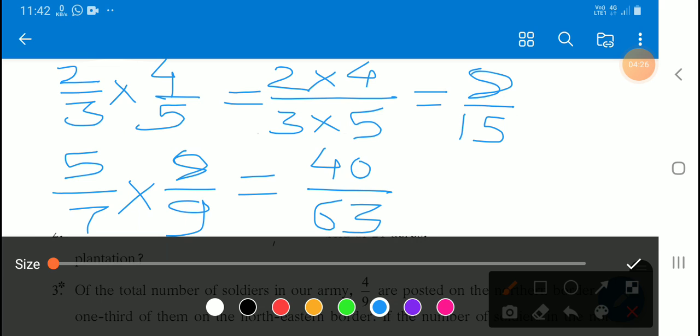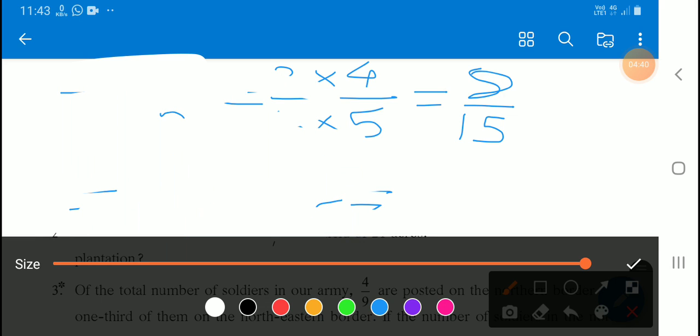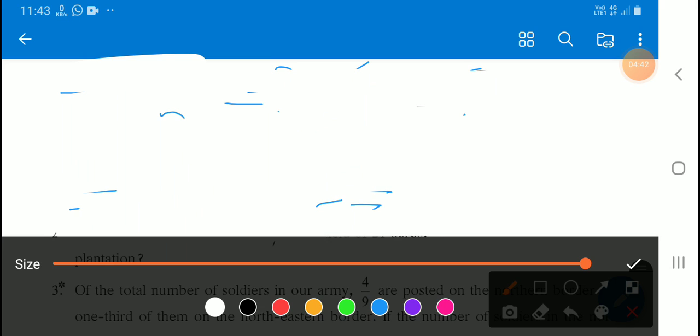Now, are these two numbers coming in the same table? Are they divisible by the same number? No. So that answer will remain as it is. One more example I will tell you. This is the simple method. You have to just multiply numerator by numerator and denominator by denominator.